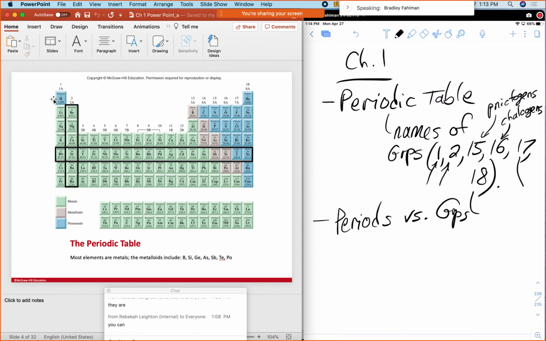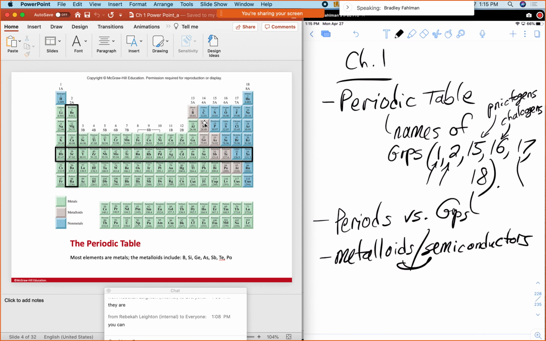Okay, so all the green are the metals, so all the lanthanides, all the actinides are metals, and then you've got all these pink ones that are metalloids or semiconductors. Okay, so that means the same thing, really.